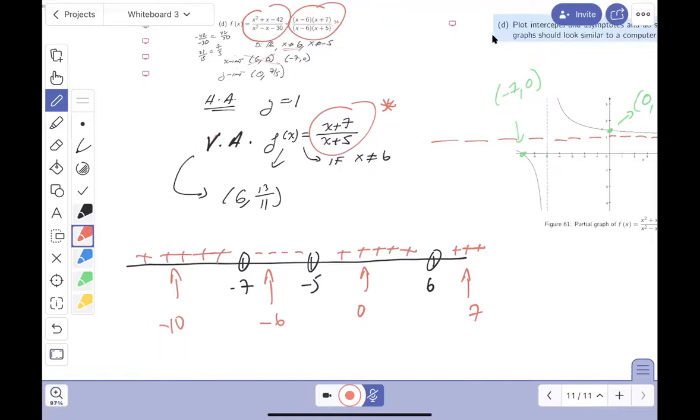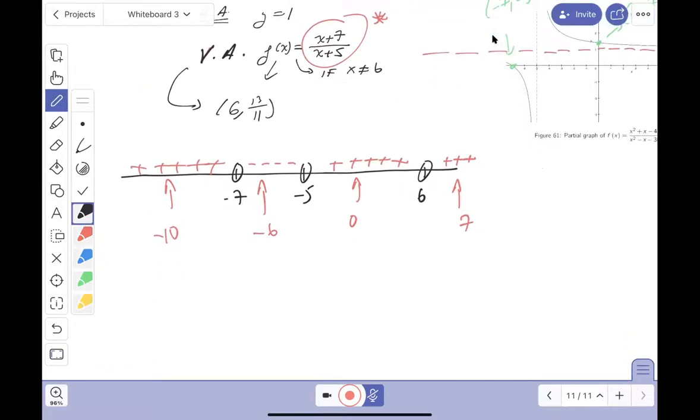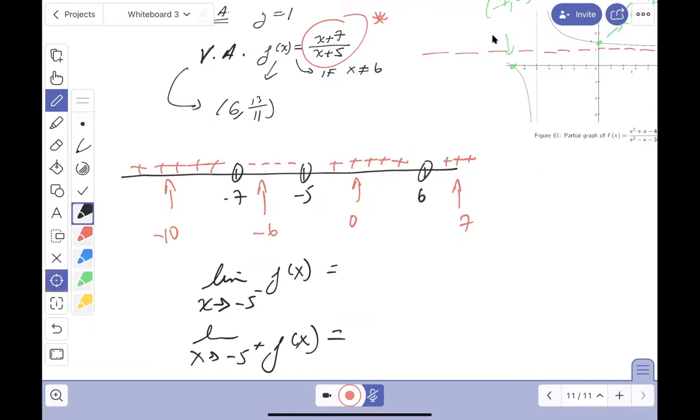All right. I'm going to do my limit now. Limit as x goes towards the number that's dangerous, which is -5, of f of x from both the left and the right. Let's do one at a time. -5 from the left, it's going to be negative.